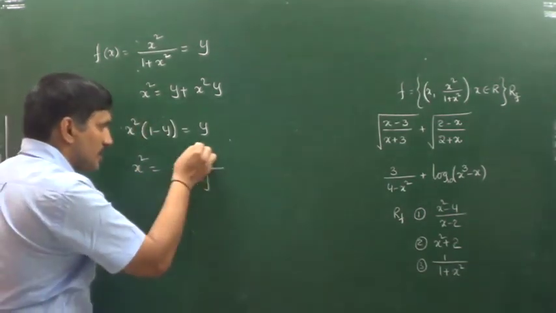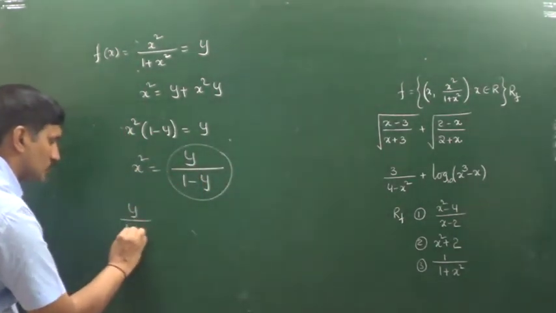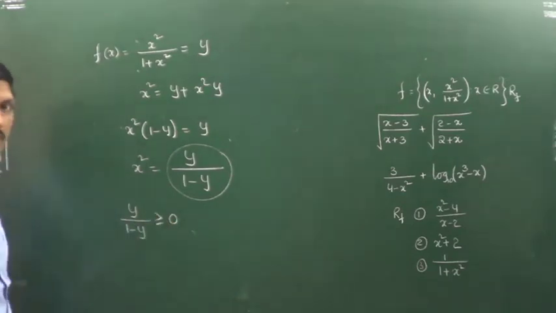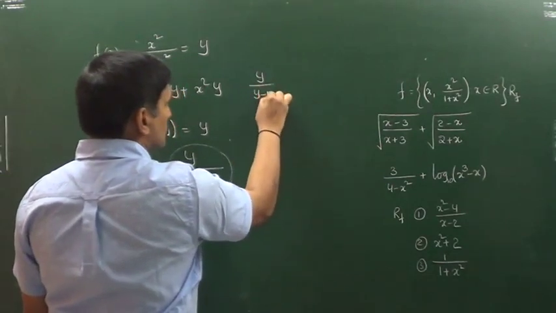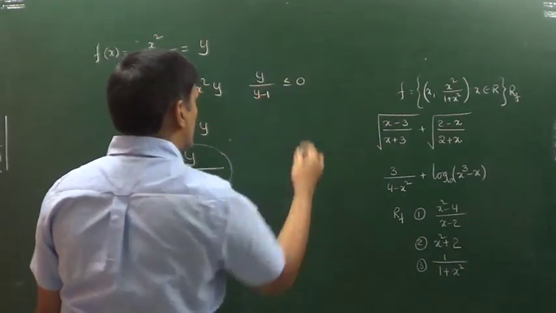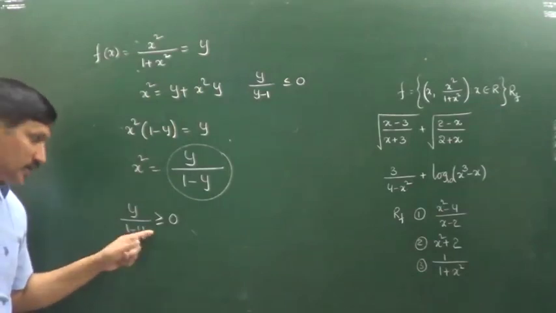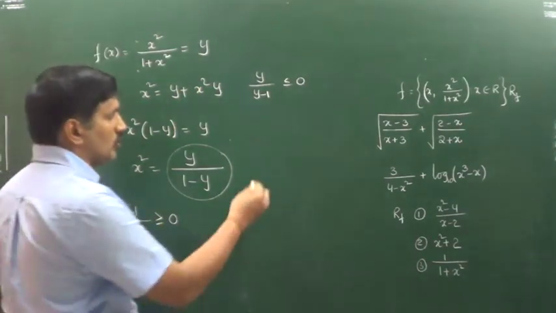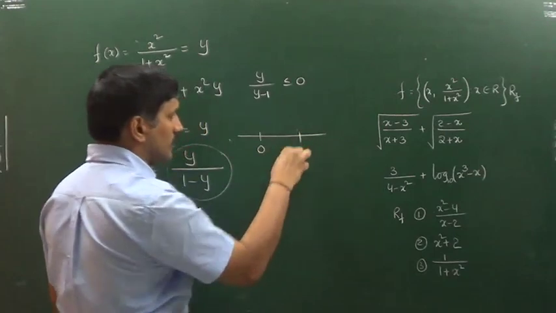That's why the condition we have to apply is y by 1 minus y greater than or equal to 0. Therefore we can write y divided by y minus 1 less than or equal to 0, because we took minus common. That's why the inequality changes. Now number line, here 0 and here 1.